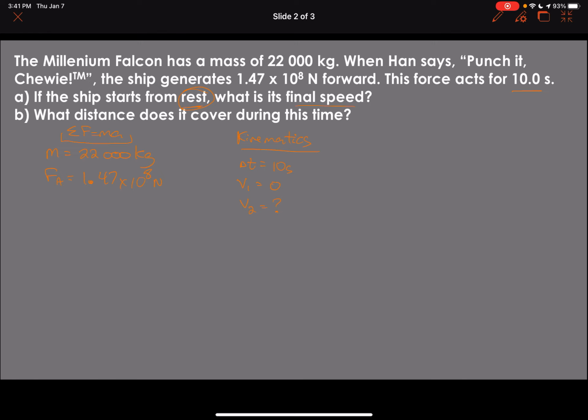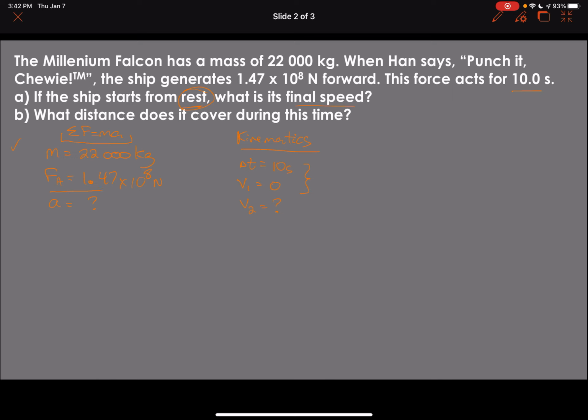Remember, we talked about this when we talked about kinematics. We always mentioned that you need 3 pieces of information. We don't have 3. We've only got 2 pieces of information. What that means is we're going to have to start over here in our force information, mass and force, and solve for acceleration. Acceleration is question mark.